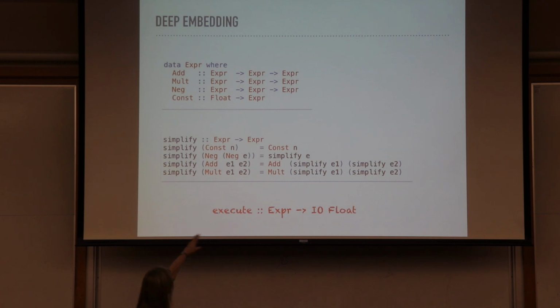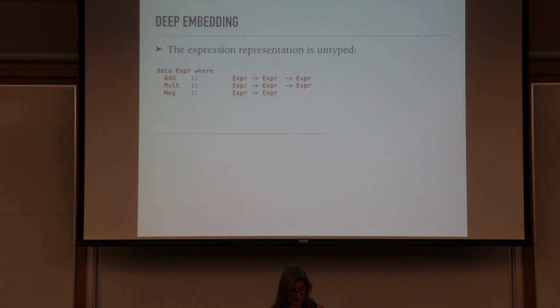Another thing would be, for example, I could take an expression, generate code, and execute it on another device, in which case it would be an I/O effect, which returns a float.